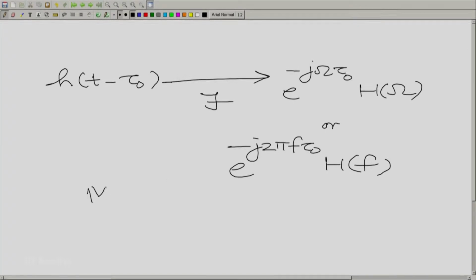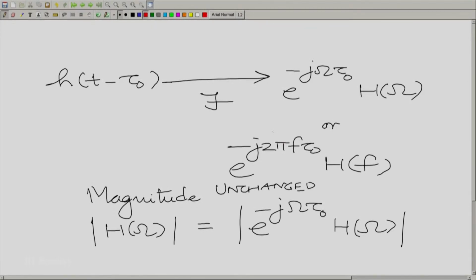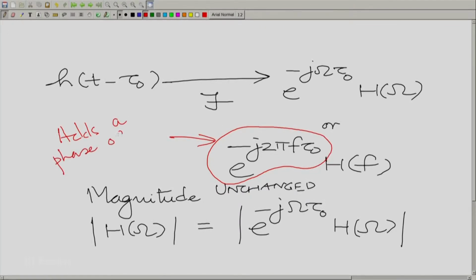So, essentially the magnitude of H omega is the same as the magnitude of e raised to the power minus j omega tau 0 times H omega. The magnitude is unchanged, and this multiplying factor adds a phase of 2 pi f tau 0 or omega tau 0 to the Fourier transform.